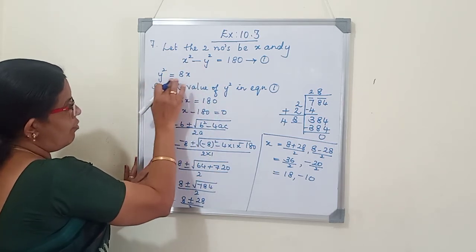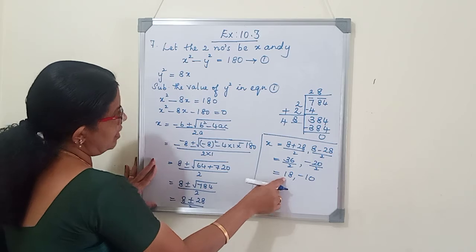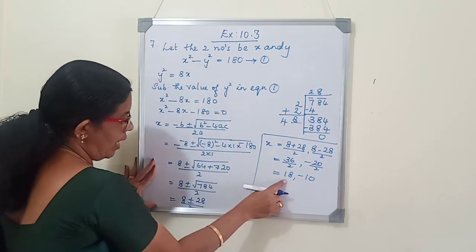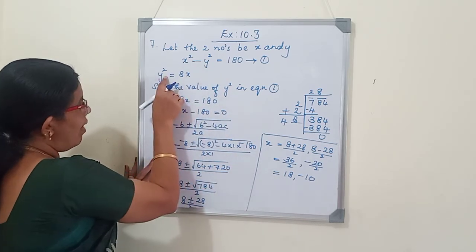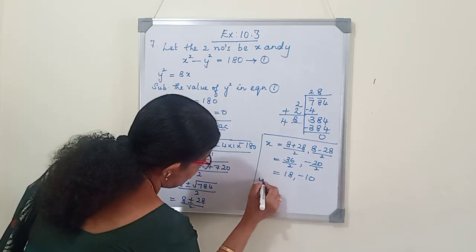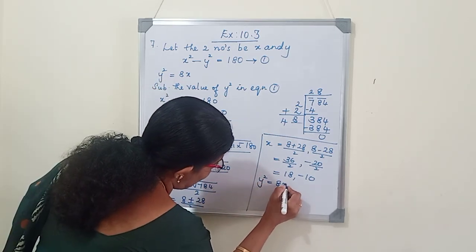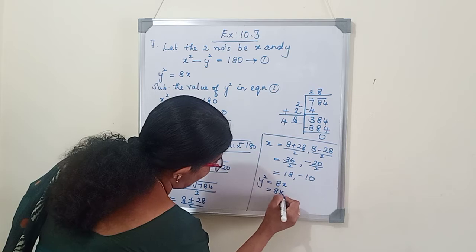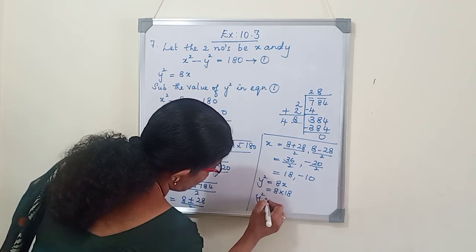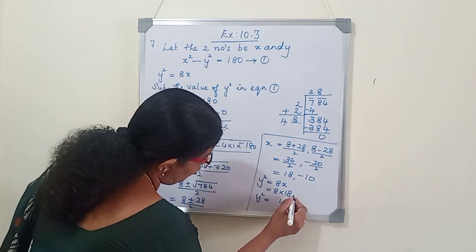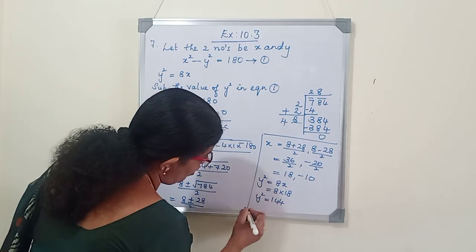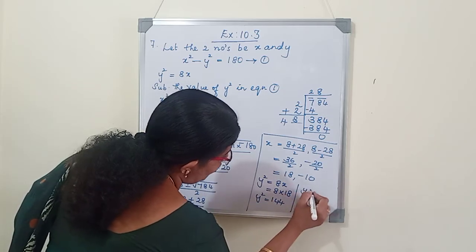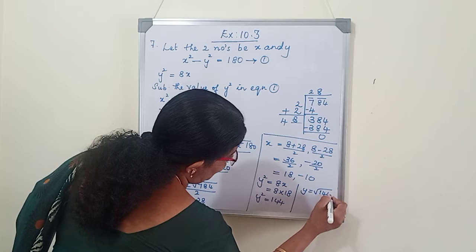So y here we can find out. As x is 18, the bigger number is 18. Now to find the value of y, we write the equation y square equals 8x, equals 8 into 18. Y square equals 8 eights are 64, 144. Y square is 144. Y is the square root of 144, which is 12.